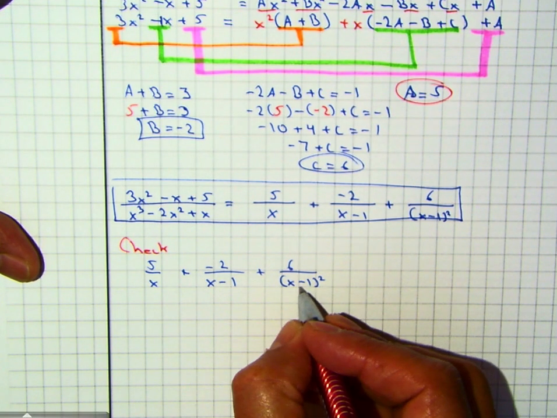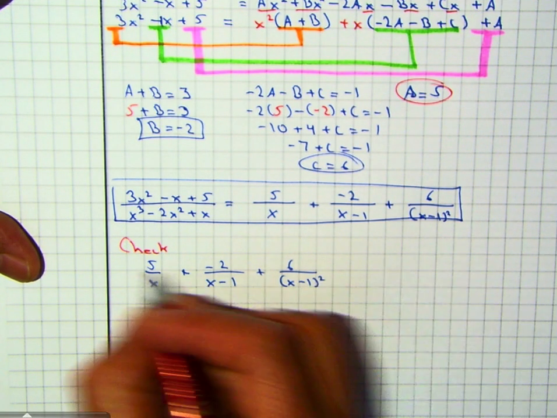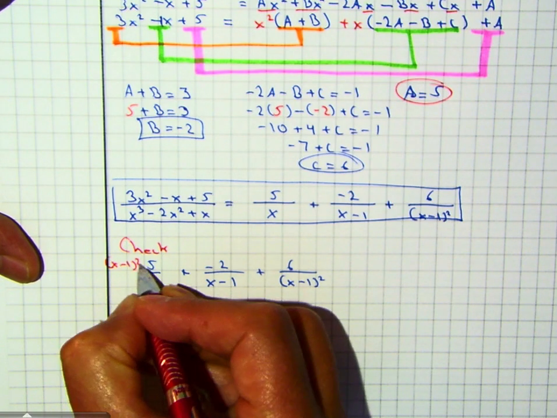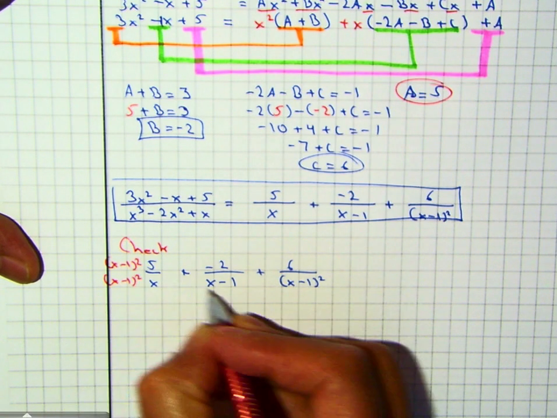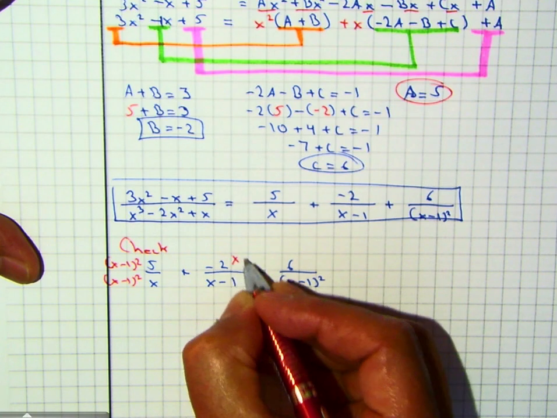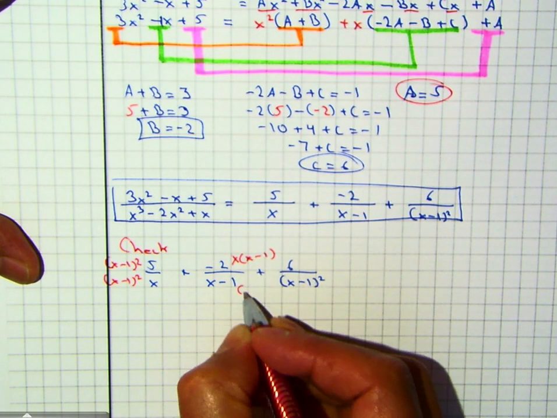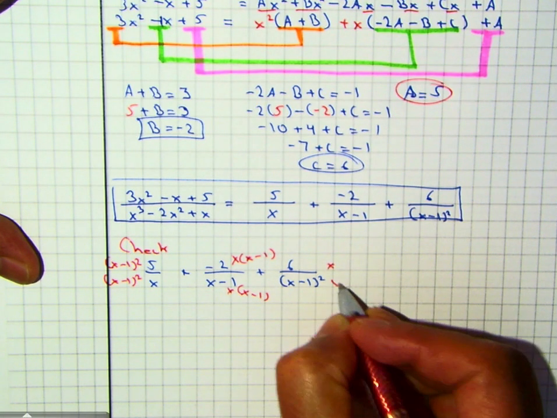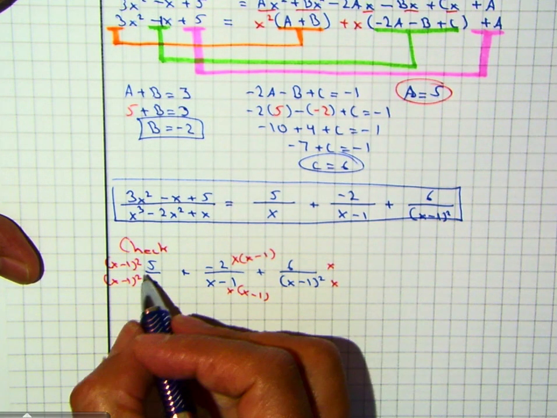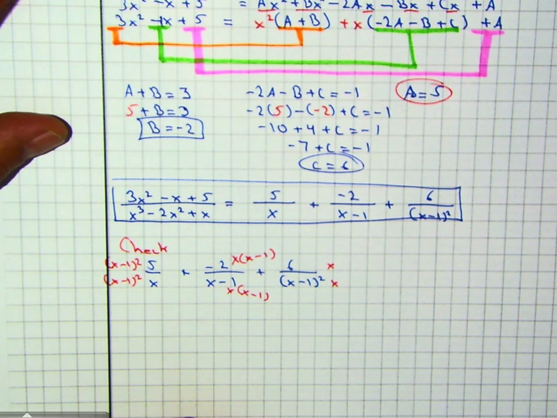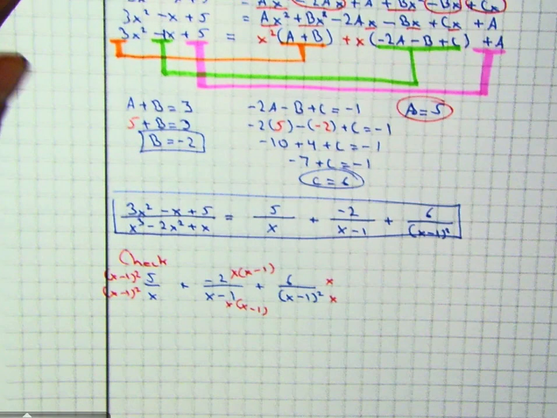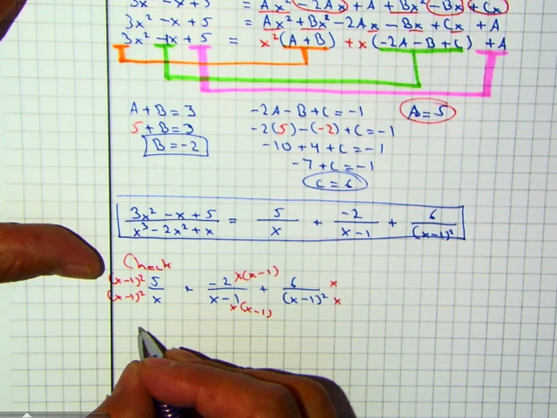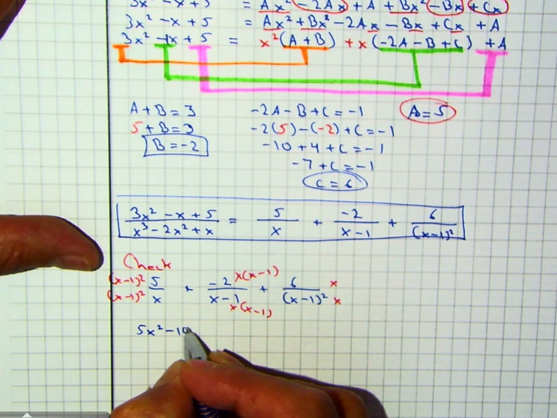This one will need (x minus 1) squared. This will be needing an x and an (x minus 1). Remember that whenever you multiply, you need to multiply the numerator and the denominator, and this one just needs an x. So I know that (x minus 1) squared is x squared minus 2x plus 1, so I'm just going to multiply it out. It gives me 5x squared minus 10x plus 5.